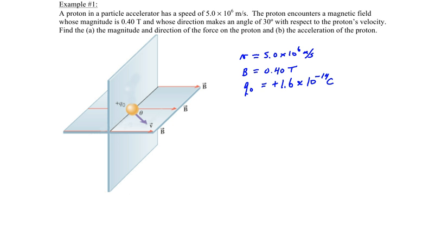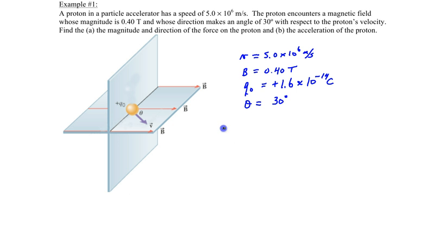And we're told that the angle theta, as shown in the diagram, measured from the direction of the velocity v to the direction of the magnetic field B, is 30 degrees. We're asked to calculate the magnetic force that would be exerted on this charged particle as it moves through the magnetic field.